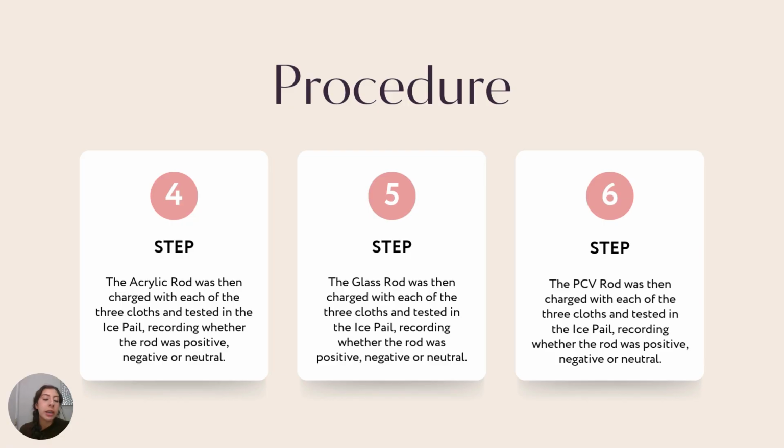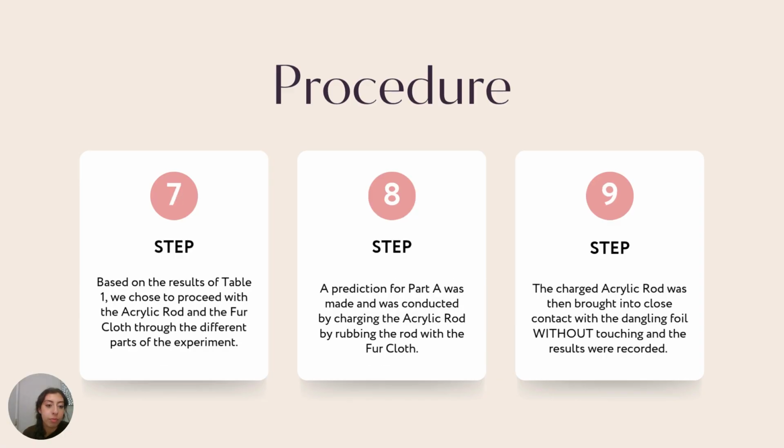They were charged by each of the cloths, tested in the ice pail, and their charges recorded. Next, based on the results of Table 1, we chose to proceed with the acrylic rod and the fur cloth for the different parts of this week's experiment.